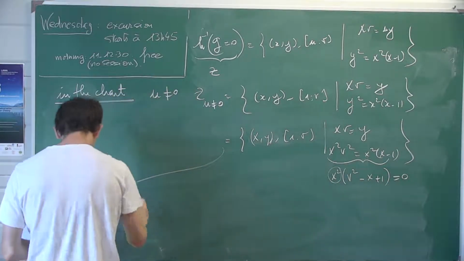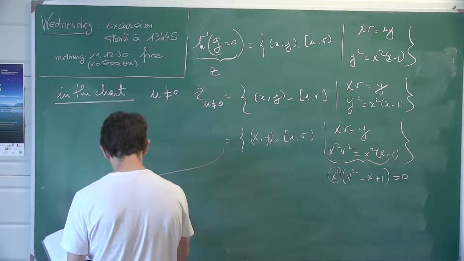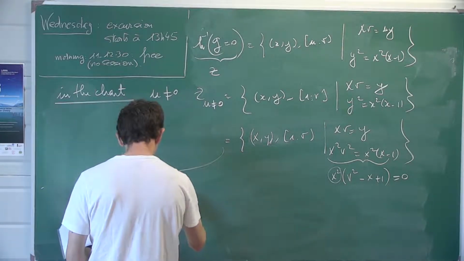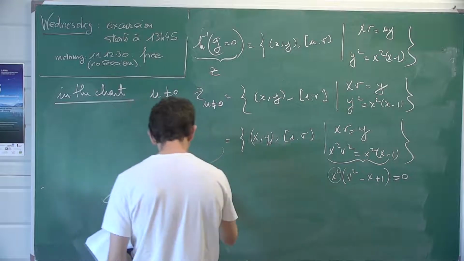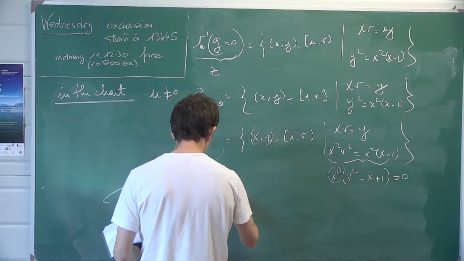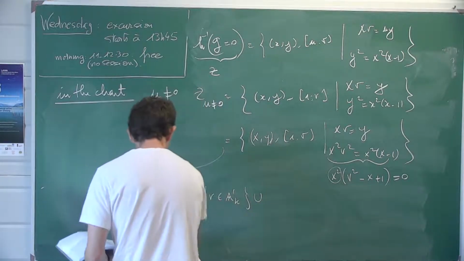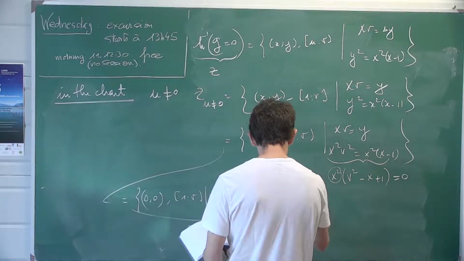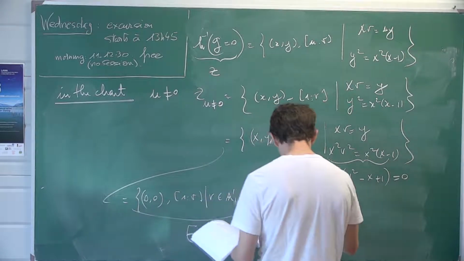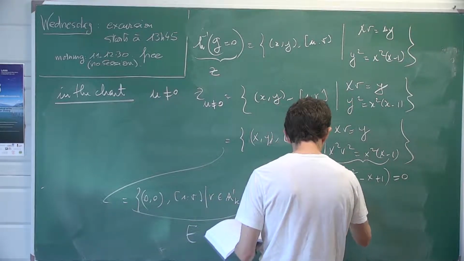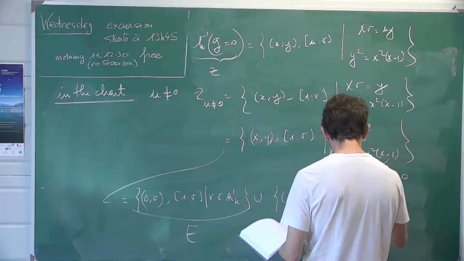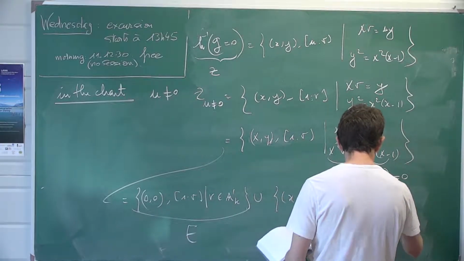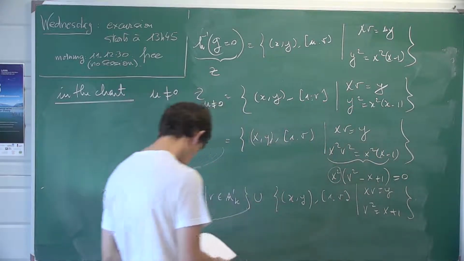So this is a union of (0, 0, 1, v) with v in A1. So this is the exceptional divisor. Union (x, xv, 1, v), such that xv is y and v^2 equals x plus 1.